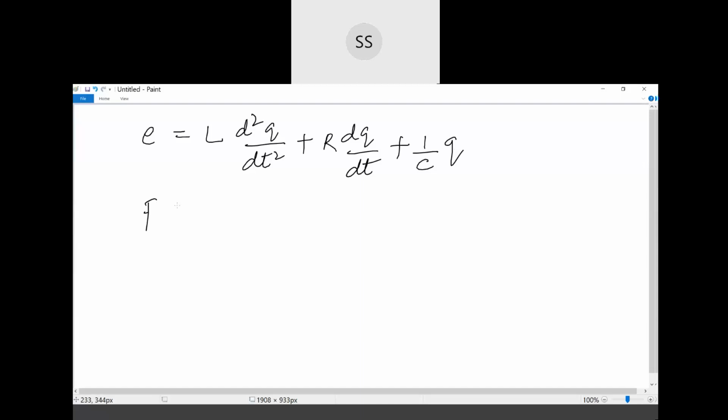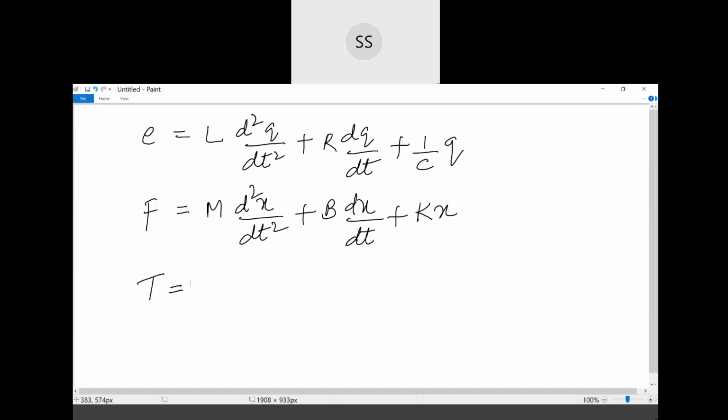Now the force equation for the translation system was F equal to m d²x/dt² plus b dx/dt plus k x.